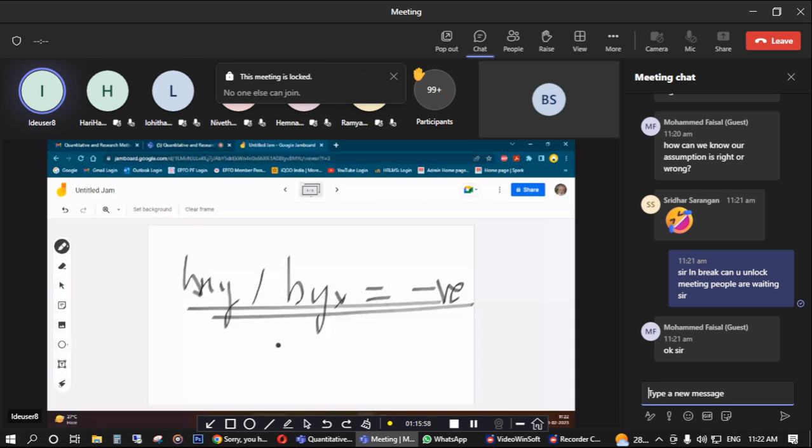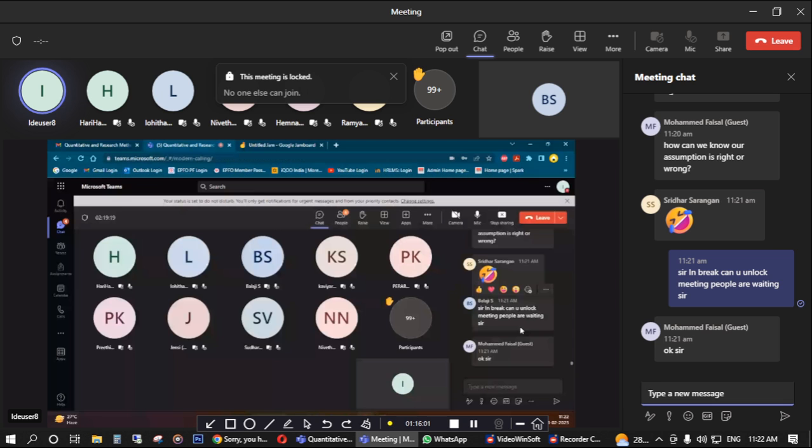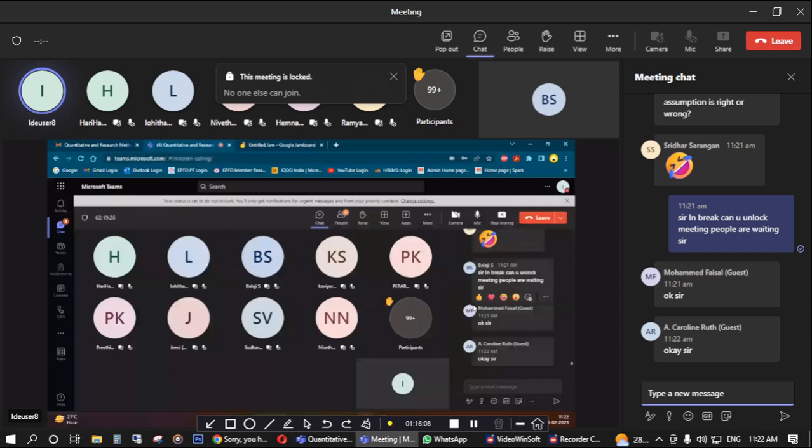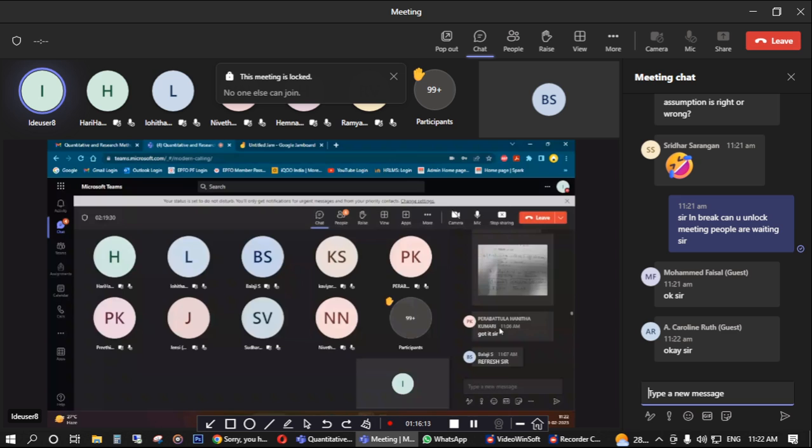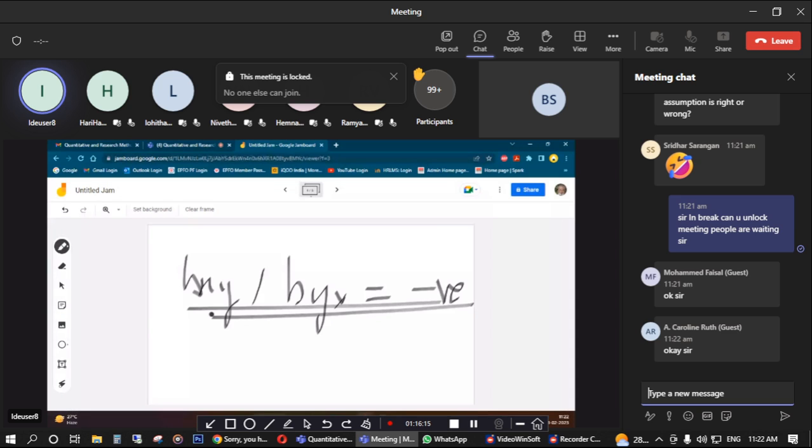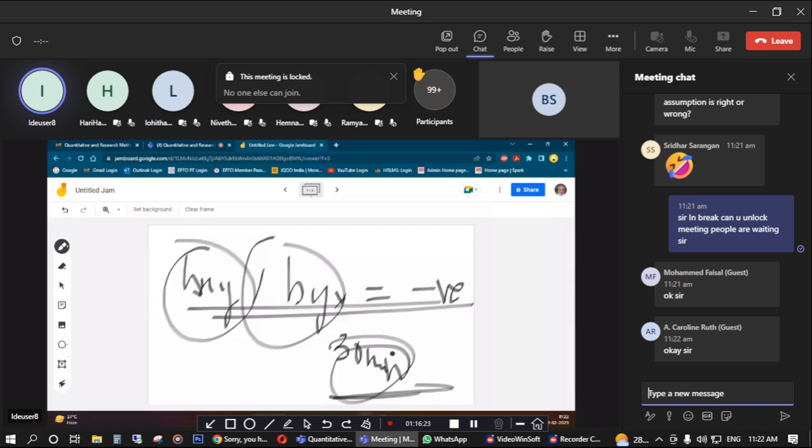Now someone told me, sir, your value is wrong. People have sent me the screenshot. So when I do this, in the last half hour, 30 minutes, I will check the paper. What I will do is check how. I will just do this calculation and I will come to know that the problem is wrong, that I have committed a mistake.